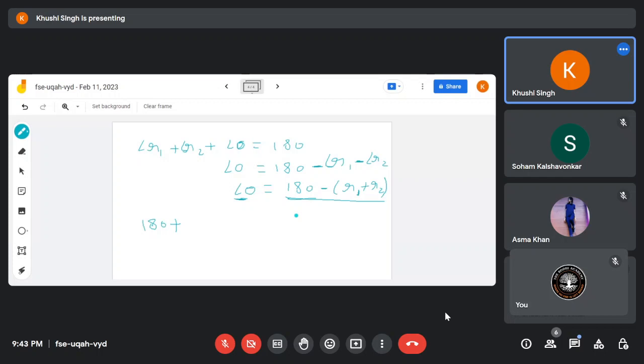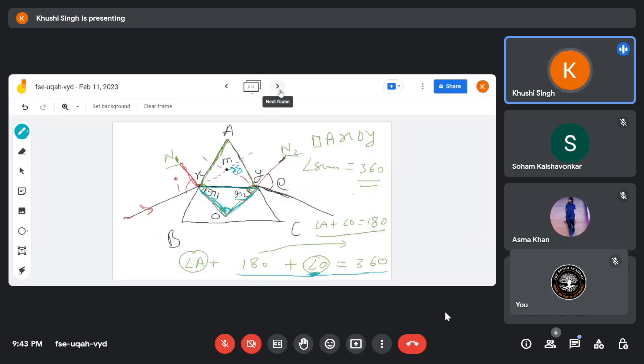Agree? Yes? Or look at this one, this will become complex. Let's take this equation, it is simpler, only two terms are there. So angle A plus angle O is equal to 180. I'll write it again.